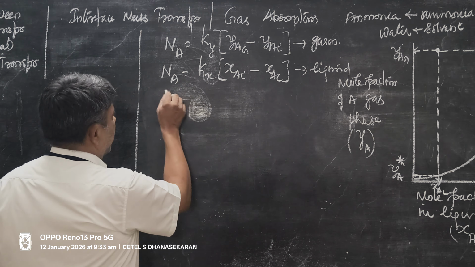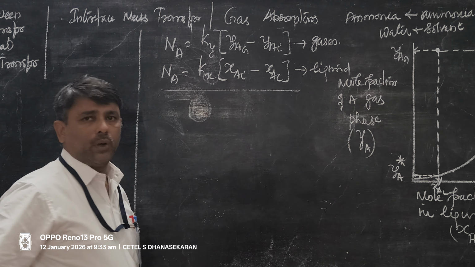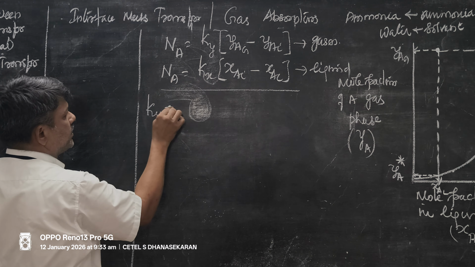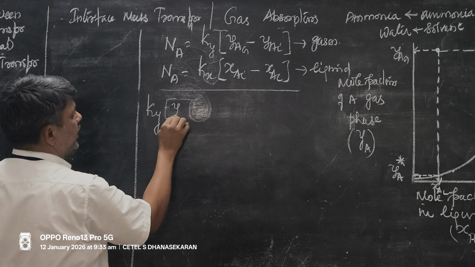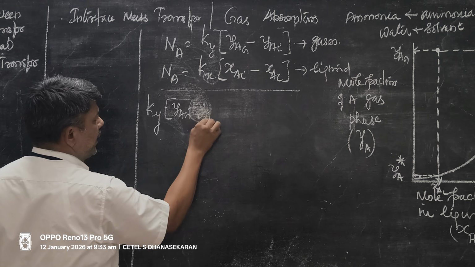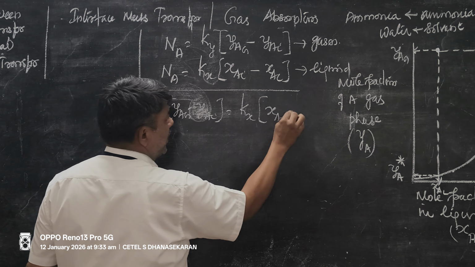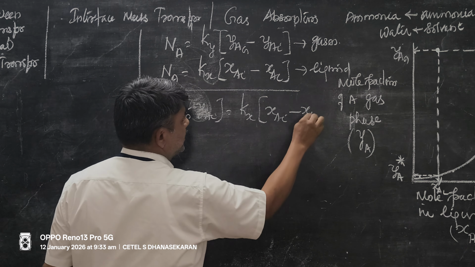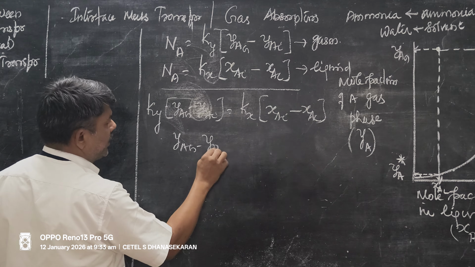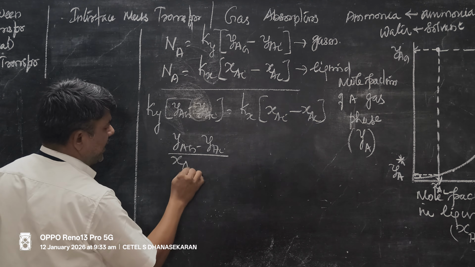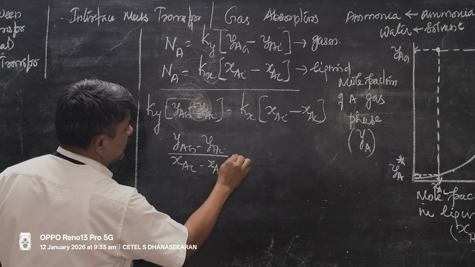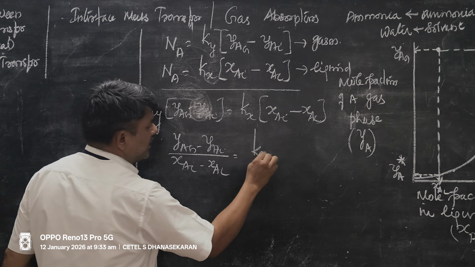Now I am going to simplify the case. This is NA, this is also NA, so both are the same. ky into YAG minus YAI is equal to kx into XAI minus XAL. So in dy by dx format, YAI minus YAG divided by XAI minus XAL is equal to minus kx divided by ky.